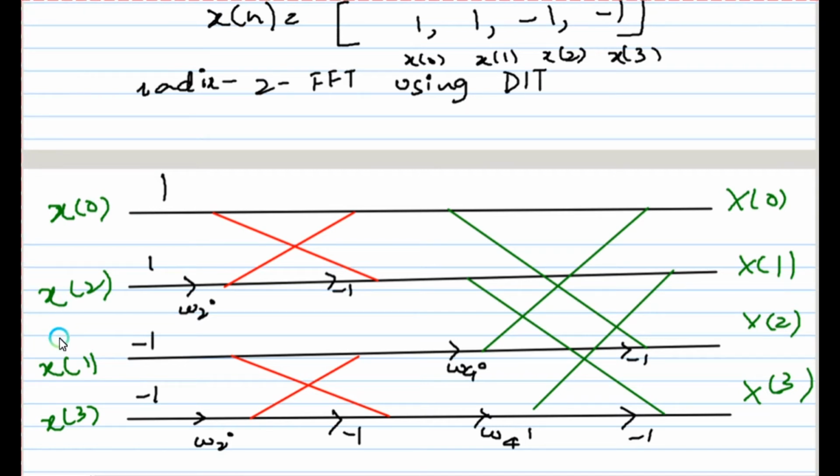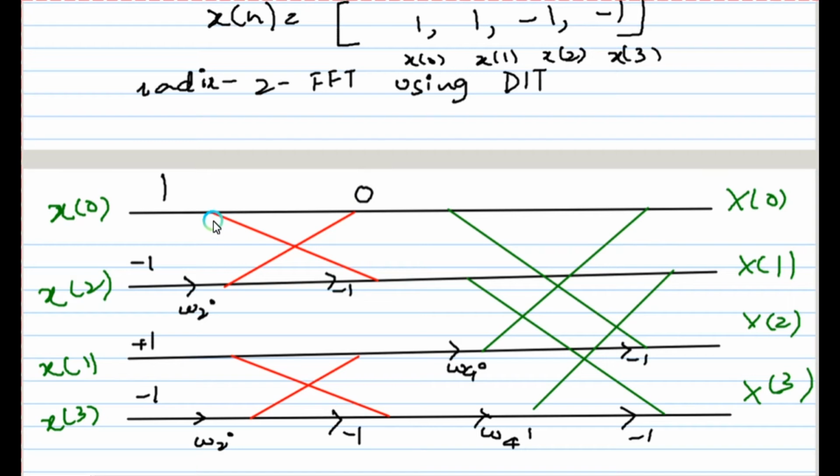So the input will be in the bit reversed order, and the output will be in the normal order. So x of 0 is 1, x of 2 is minus 1, sorry, x of 1 is plus 1, x of 3 is minus 1. So we have 1 here, and there is a summation here. So 1 minus 1 is 0.